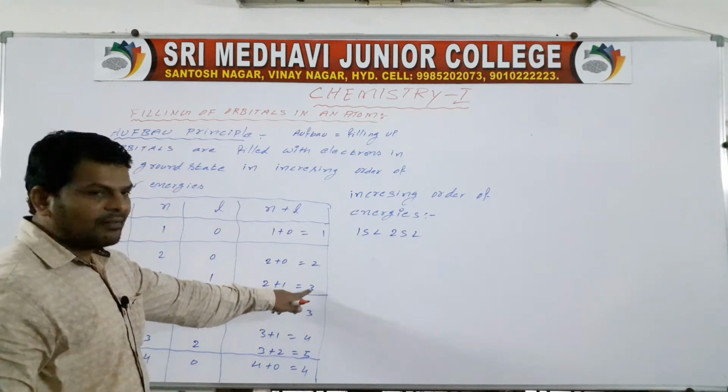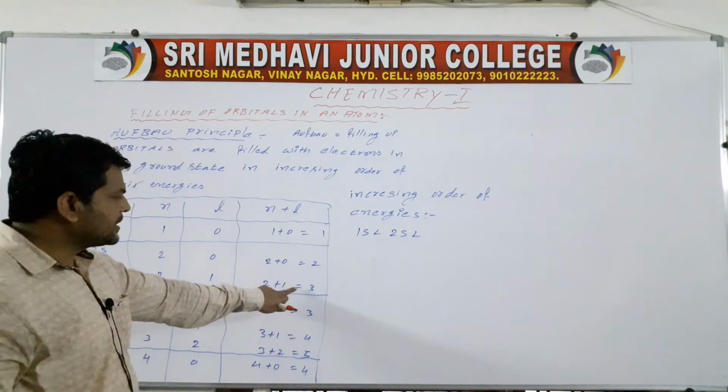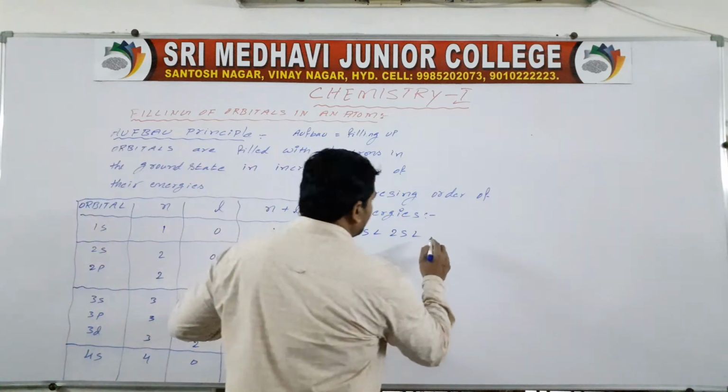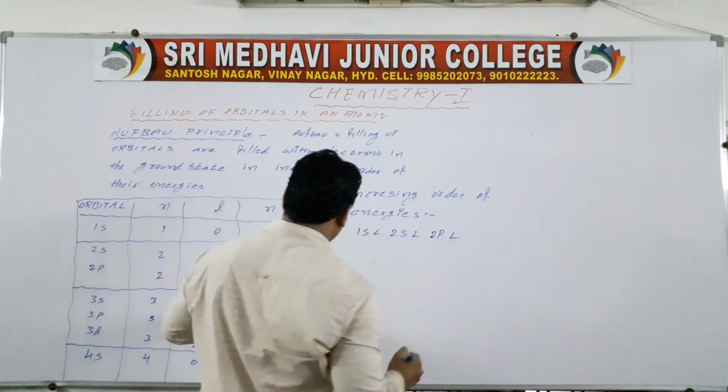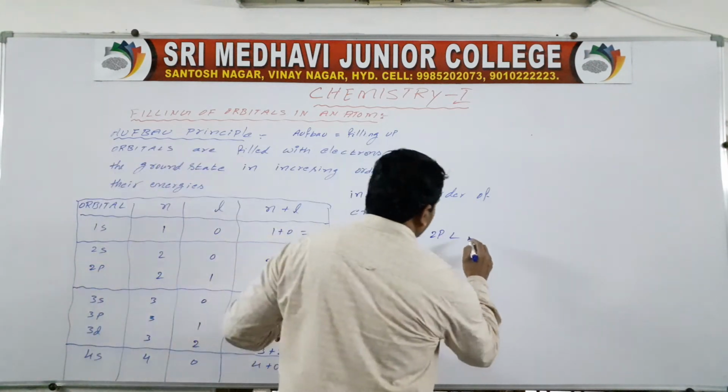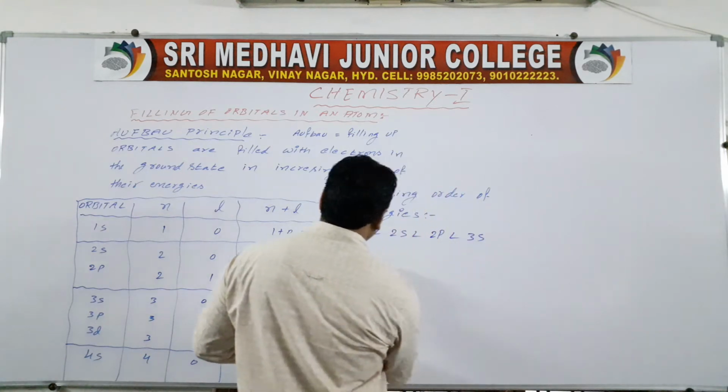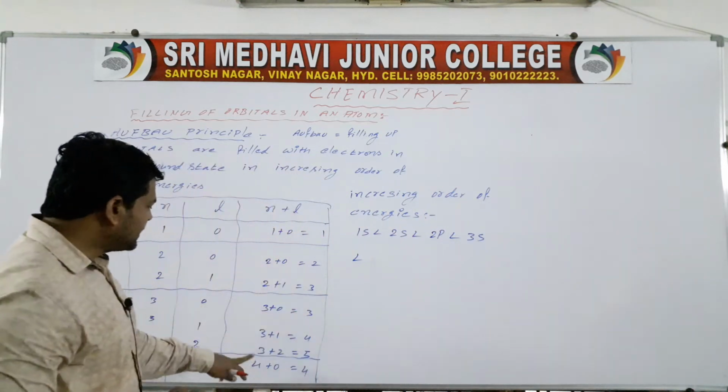If the n plus l value is the same, then electrons enter first into the lower energy level, which means 2p is less than 3s.